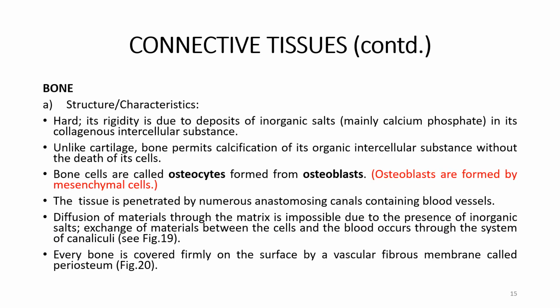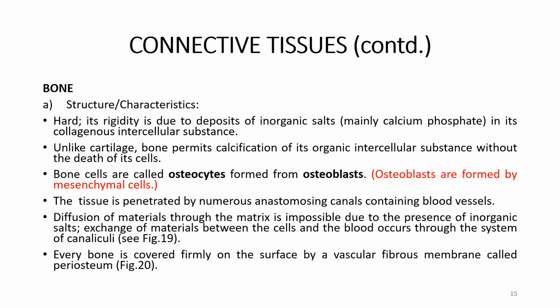Bone structure. Bones are hard due to the deposition of inorganic salts in the collagenous intercellular substance. Unlike cartilage, bone allows calcification of its organic intercellular substance without the cells dying. Bone cells are called osteocytes, which are formed from osteoblasts. The tissue is penetrated by numerous anastomosing canals containing blood vessels.